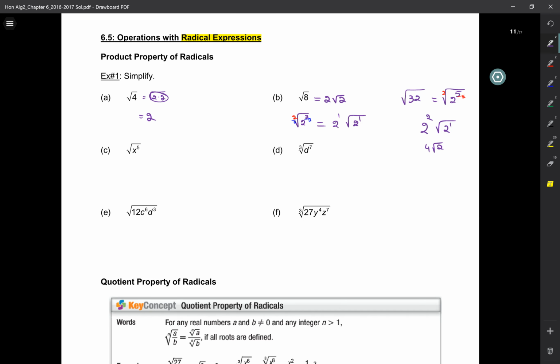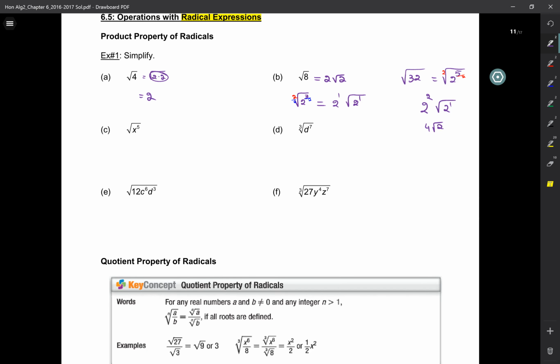Okay, so look at this next one. x to the power of 5 in a square root, right? The index is 2, so I'm going to divide by 2. 5 divided by 2 is 2, so I have x squared outside, and what stays? x. Let's take a closer look and see what really is happening.